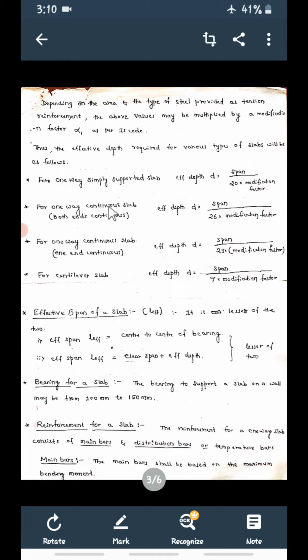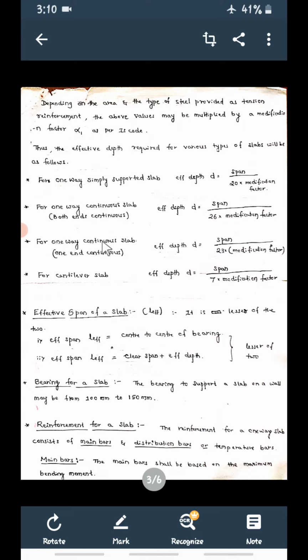If it is a one way continuous slab, the effective depth d is equal to effective span divided by 26. We know for a continuous slab it is 26, and this 26 will be multiplied with the modification factor.